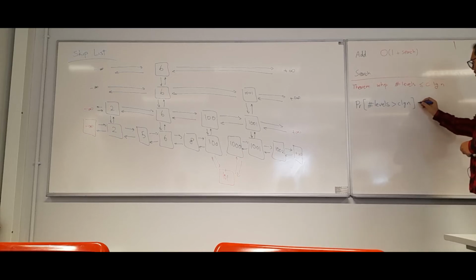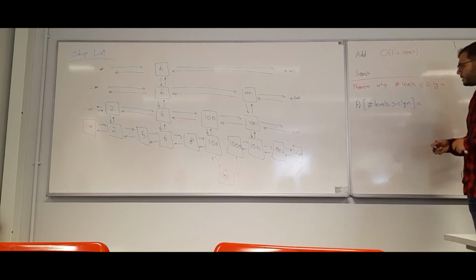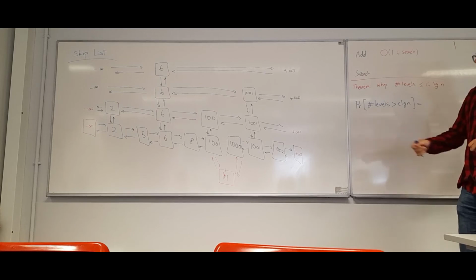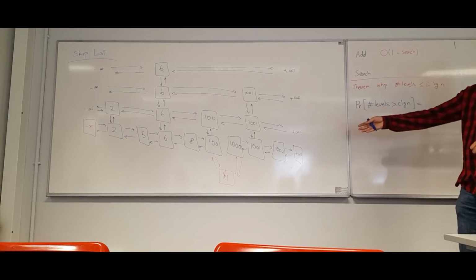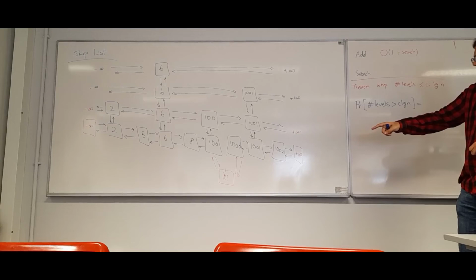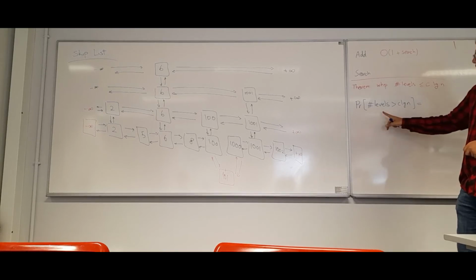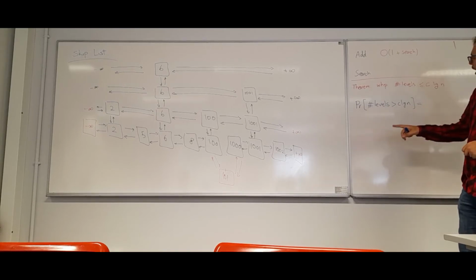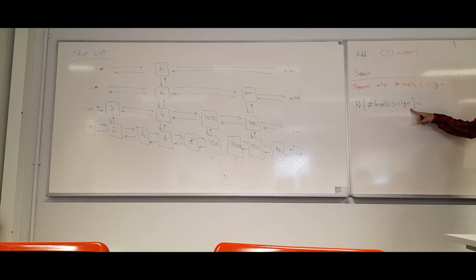So this is basically the probability that there is an element such that when I added it to my list, I'm assuming that I started with an empty list and added everything with our addition here, I got at least c log n heads when I was generating the randomness for that element.